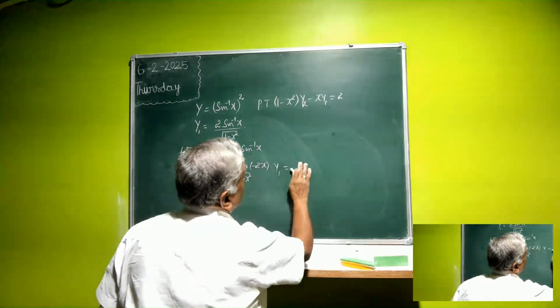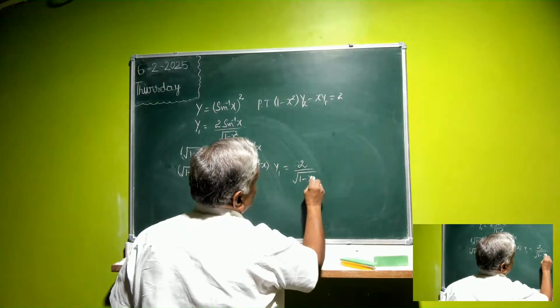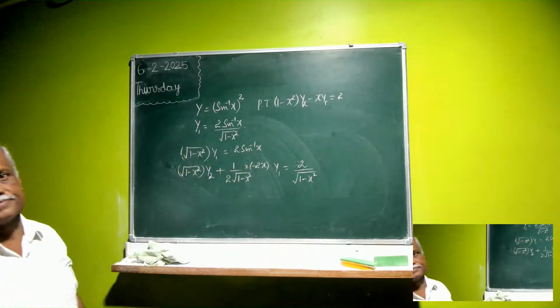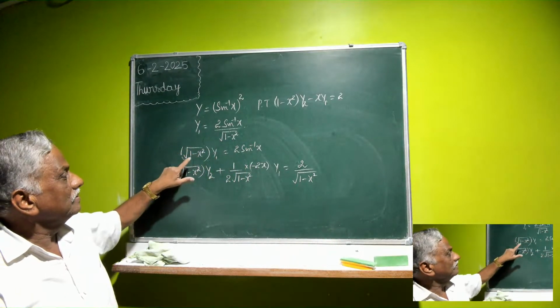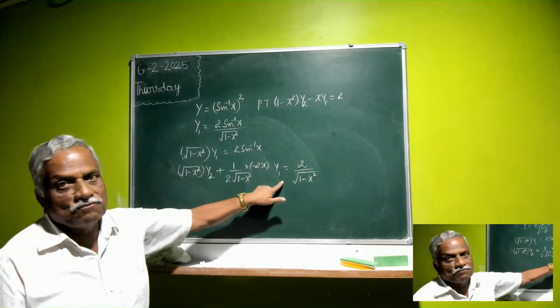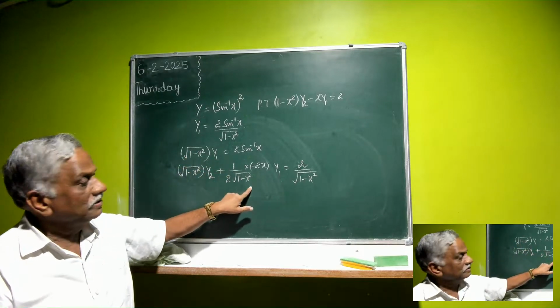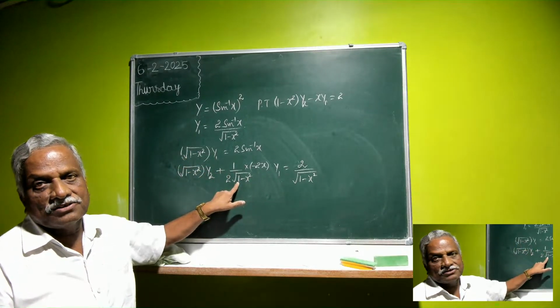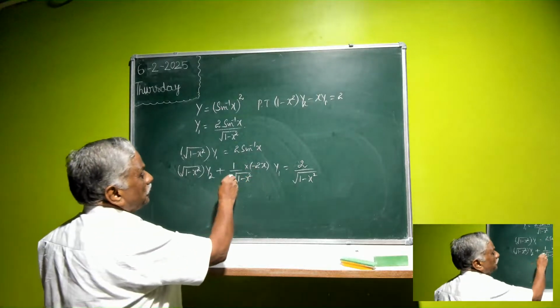That is equal to 2, a constant, into the derivative of sin inverse x, which is 1 over root of 1 minus x square. We are using product rule here. I keep y1 as it is, and differentiate this, I get 1 over 2 root, then I have to go inside, 1 is 0, x square is 2x, but there is a minus x square. So this 2 and 2 you can cancel.